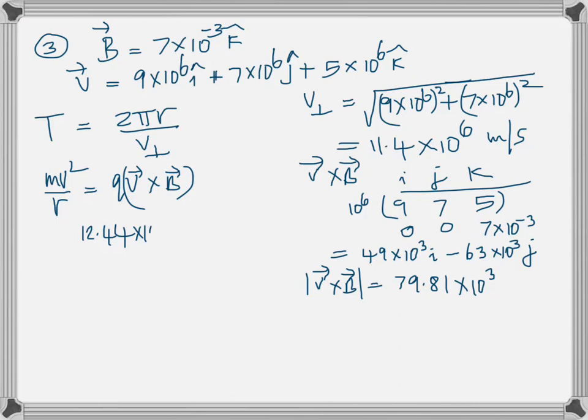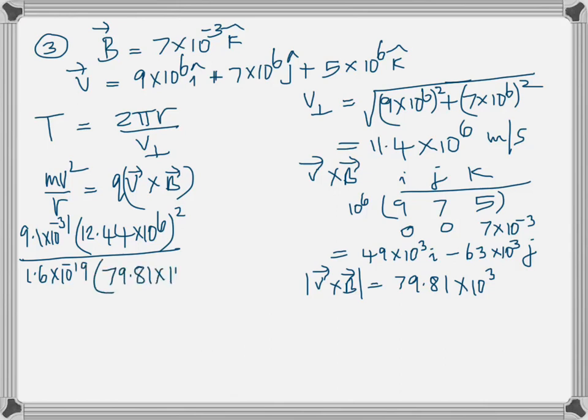Then I have to put it back into this equation. That's the mass, velocity squared. Because I made the subject the radius, because I have to find the radius.